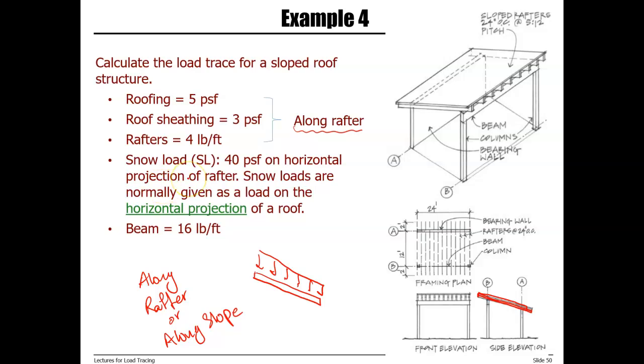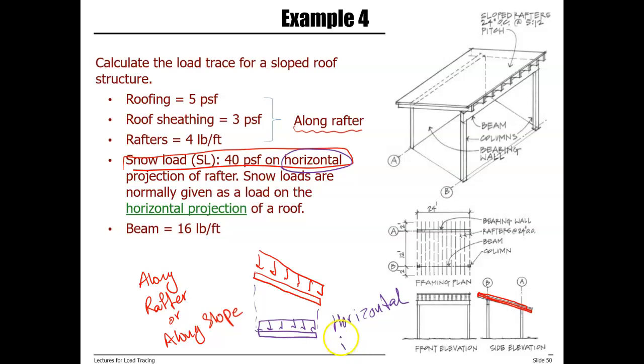The live load that we have in this example is a snow load, which is provided on horizontal plane. So when we are talking about horizontal, a snow load is always provided on horizontal projection.